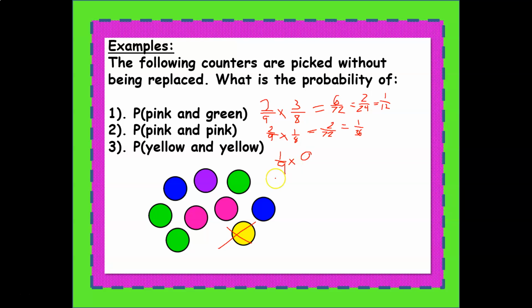It's 0. So the probability of drawing a yellow and then a yellow is 0 or impossible because there's only 1 yellow in the bag. So our probability would be 0.